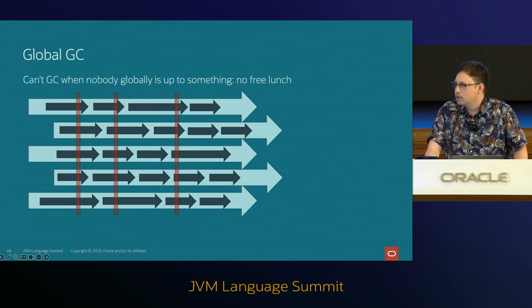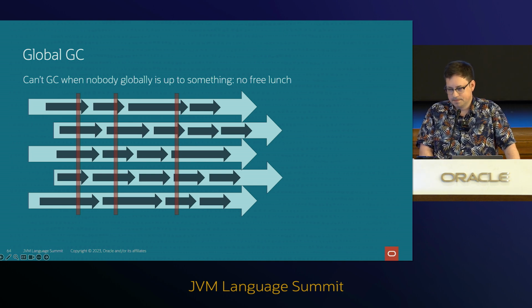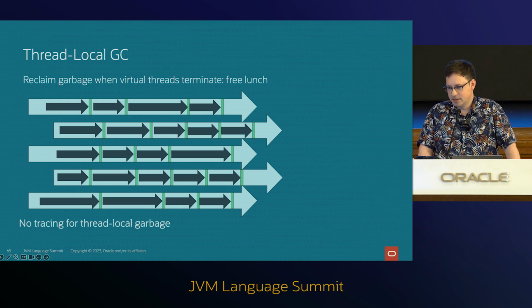Wherever we stop the world to do a GC, there's stuff going on. Everyone's up to something, and that means there are roots, and we need to trace through them and do things. Now, in a thread local GC world, the situation is going to look like this instead. We can intersect when the virtual threads finish, and then they're not up to anything, there are no roots, and we can just reclaim all the garbage.